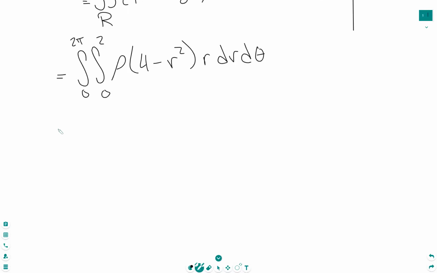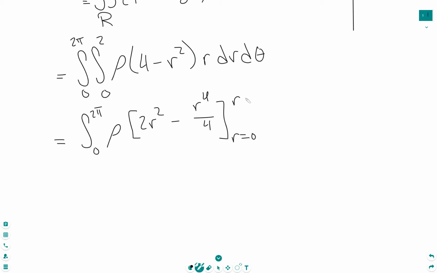So let's go ahead and do it in polar coordinates. This is equal to the integral from 0 to 2 pi of rho times, since there's an r here, 2r squared minus r to the 4th over 4, from r equals 0 to r equals 2, d theta.